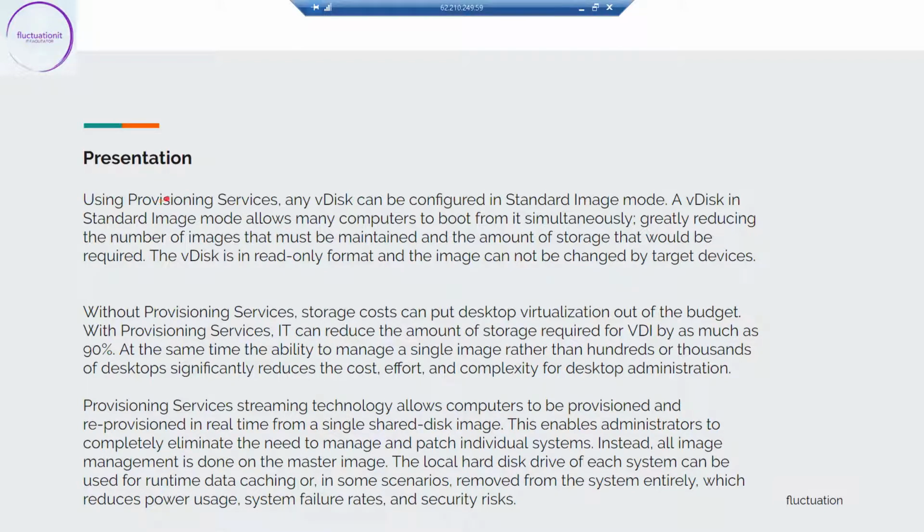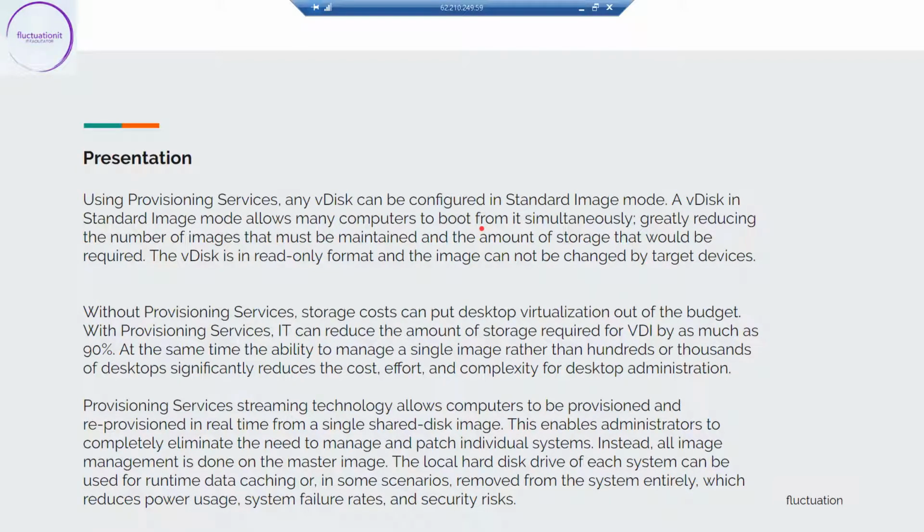So using PVS, any vDisk can be configured in standard image mode. We'll see what is standard image mode. A vDisk in standard image mode allows many computers to boot from it at the same time. Wow! And greatly reducing the number of images that must be managed and the amount of storage that will be required.